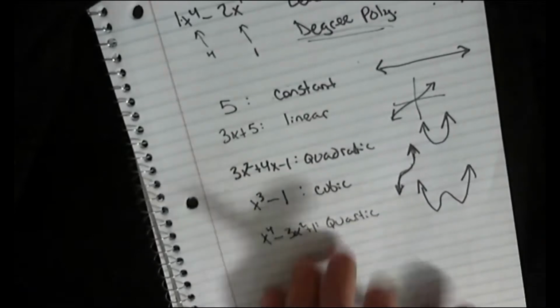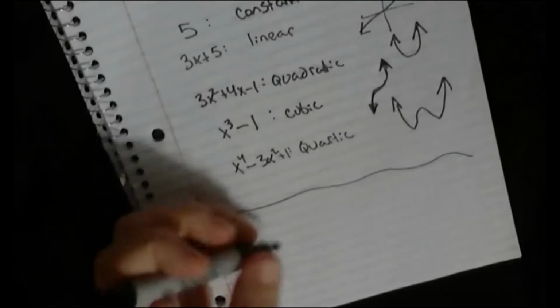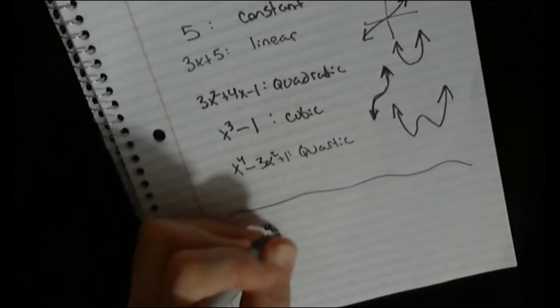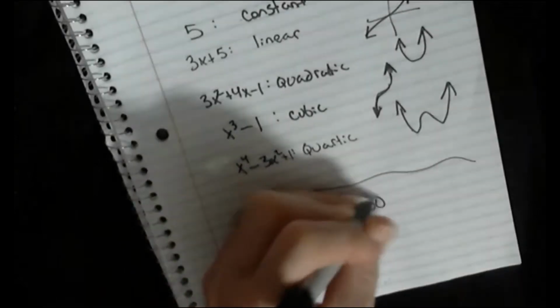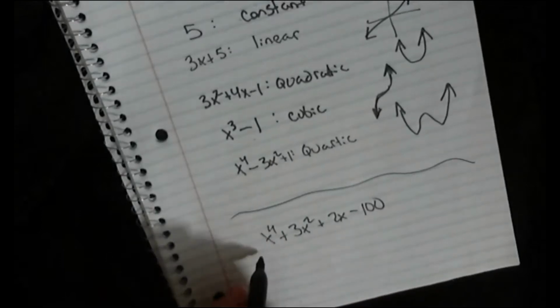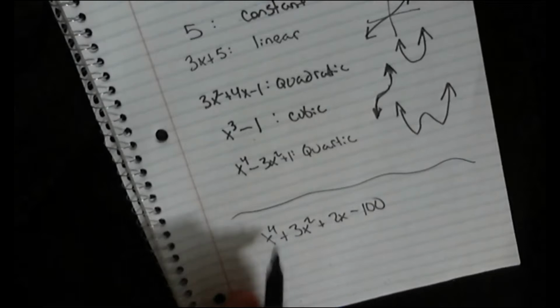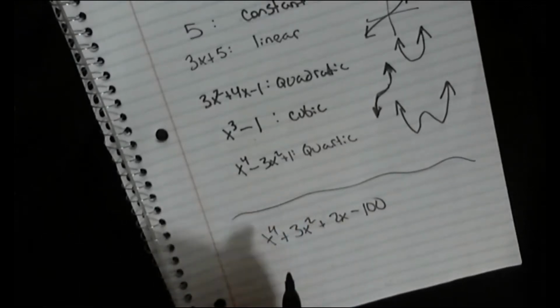Again, the first couple of problems in your homework are going to just present you with some kind of polynomial. And it could ask you a couple of different questions. Primarily, they'll stick with what is the leading coefficient, what is the degree of the polynomial, and then classify the polynomial.